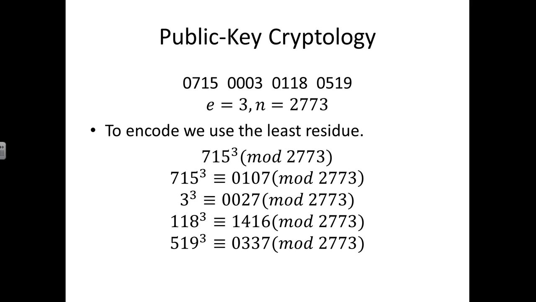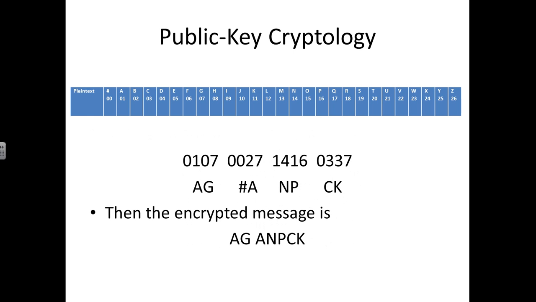3 to the third is not 4 digits, it's 2, so we put 2 zeros in front. The next number is 4 digits, and the following is not, so we put a 0 in front. So now we can break up each of those into 2 parts. So 01 is A, and etc. 07 is G, I'm sorry.